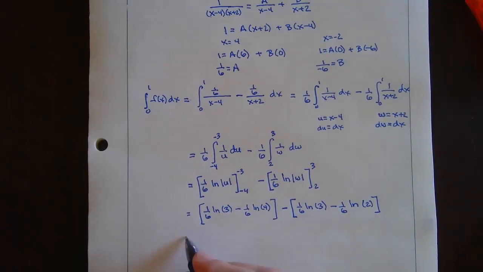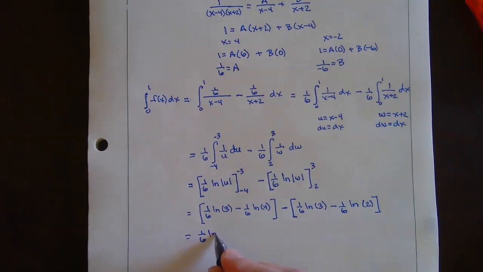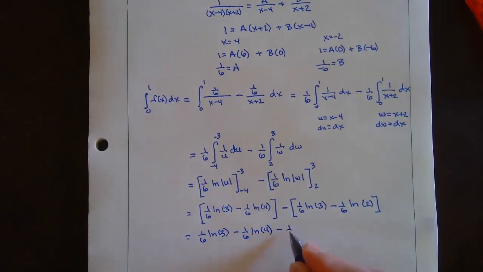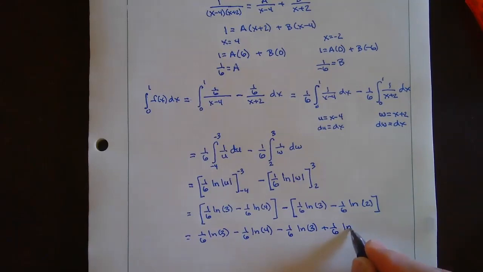Okay, so now I'm going to distribute this minus right here. So we have 1/6 the natural log of 3 minus 1/6 the natural log of 4 minus 1/6 the natural log of 3 plus 1/6 the natural log of 2.